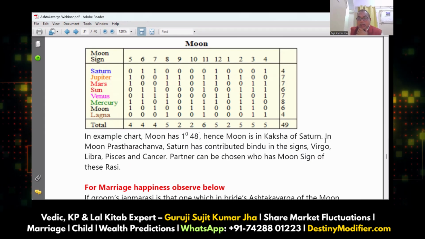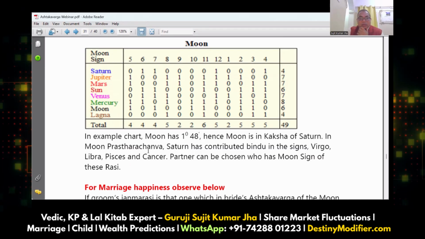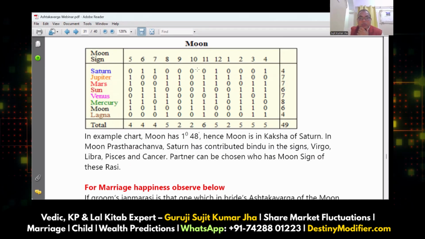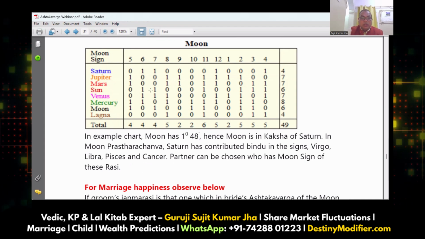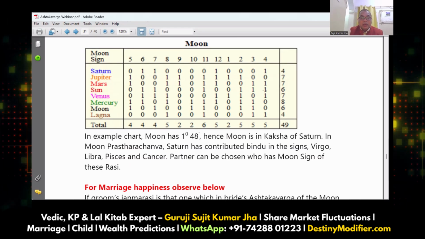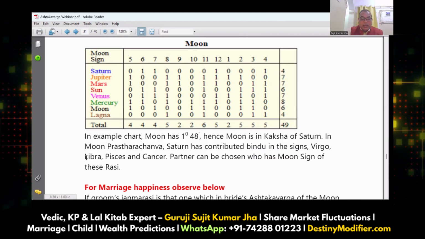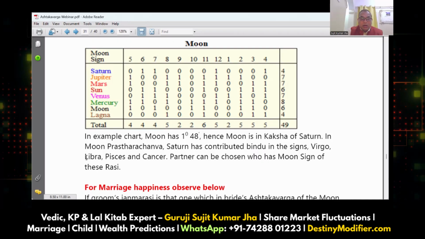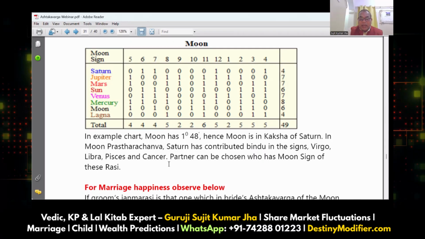Hence, the Moon is in the kaksha of Saturn. So in the Moon Prastar Ashtakavarga, we see which planet has given to the Moon. Saturn has contributed bindu in the sign Virgo, in the sign Libra, in the sign Pisces, in the sign Cancer.